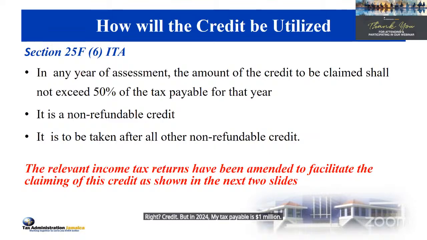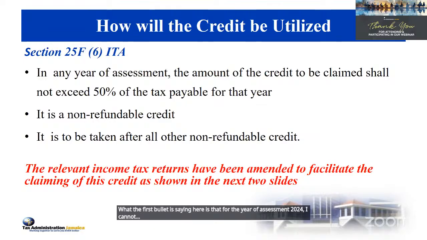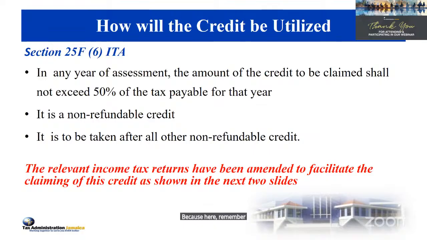What the first bullet is saying here is that for the year of assessment 2024, the amount of credit that I can utilize that year is going to be 50% of my $1 million. Because here, remember now, I have $1 million payable in tax.